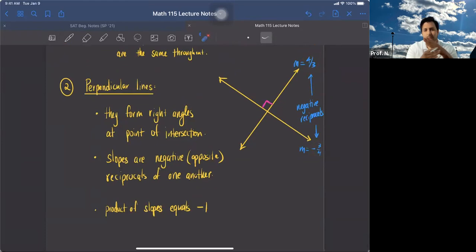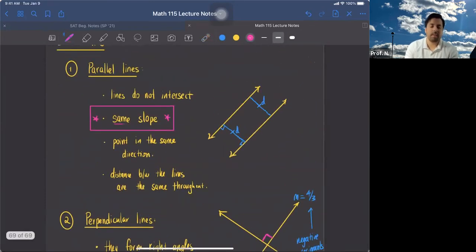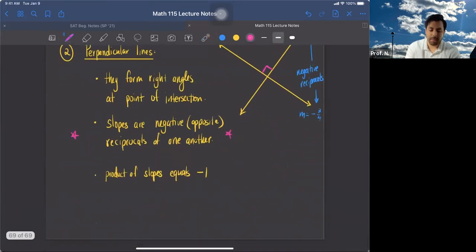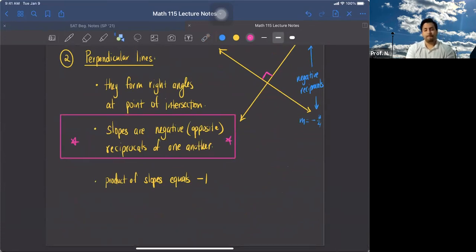So whenever you have perpendicular lines, the slopes, when you multiply them, will always equal -1 because they are negative reciprocals. And this is going to be the key statement here for perpendicular lines. So just as in parallel lines, you have the same slope, in perpendicular lines we care about the fact that their slopes are negative reciprocals. Okay, so those are the main things here.